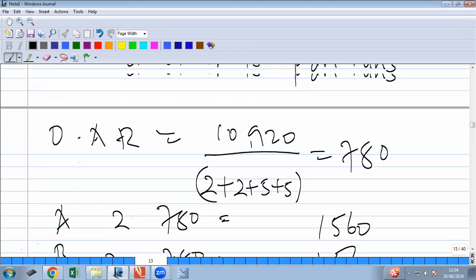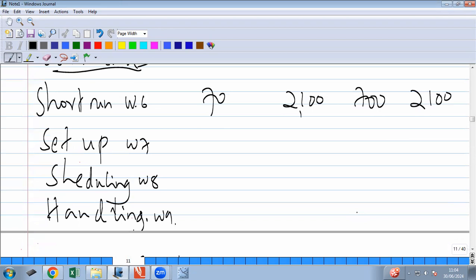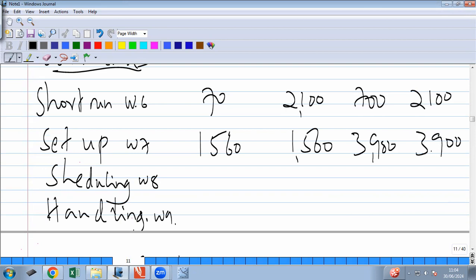So this we transfer to our ABC schedule. So we have here setup, it is 1560, 1560 and 3900, 3900. Correct?